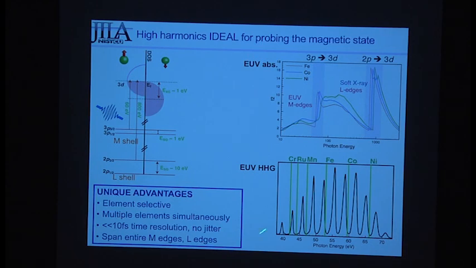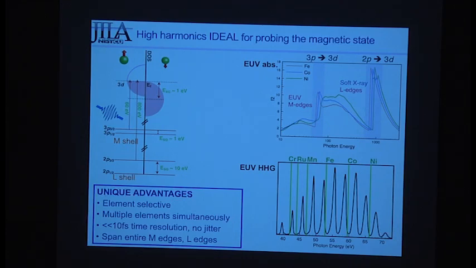So we have our high harmonic comb, and even in the extreme ultraviolet region of the spectrum, there are many magnetic absorption edges of these ferromagnetic materials, here at the M edge. So we can sensitively probe the moment on nickel, cobalt, iron in alloys or in multilayers, and even in the EUV, the light can penetrate tens of nanometers in these materials that are opaque to visible light.